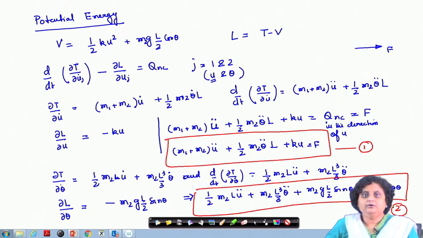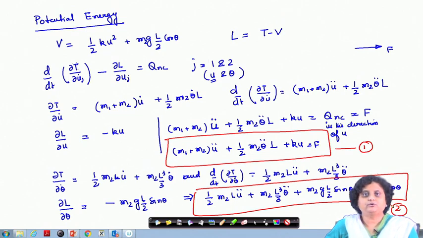Now, you will perhaps realize, if you try to solve the problem using force balance, that it becomes extremely difficult to obtain the equation of motion of this system using a force balance equation. But if we use the Euler-Lagrange equation, finding the equation of motion becomes rather simple.